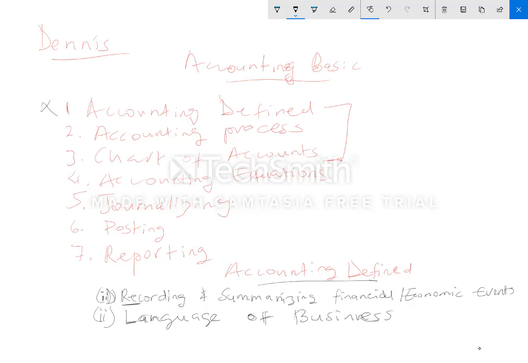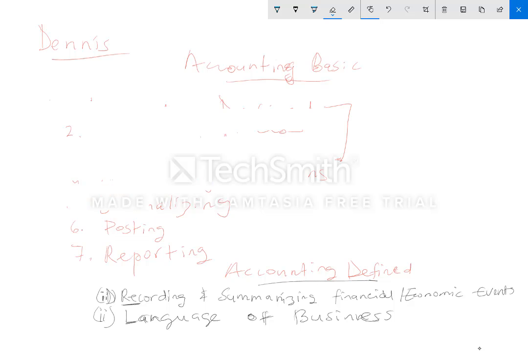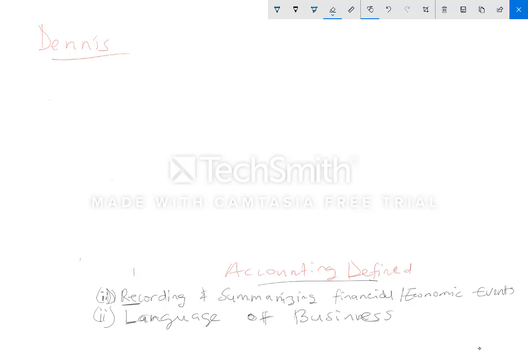Let's go to accounting process. Since accounting is recording and summarizing financial data or financial events, one, you need to identify this event.